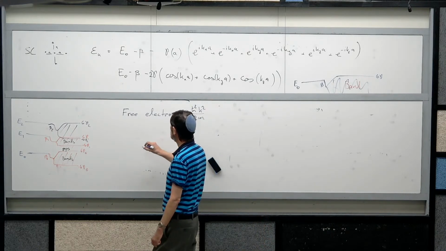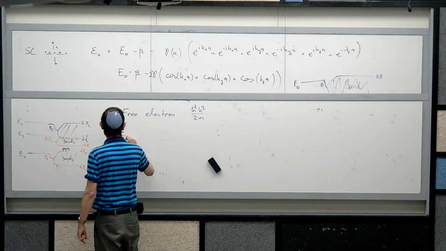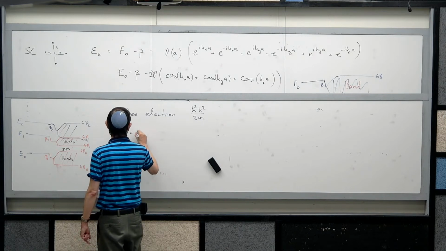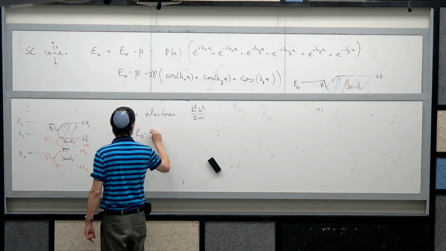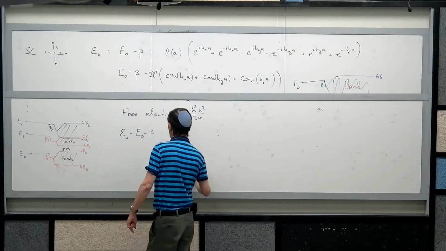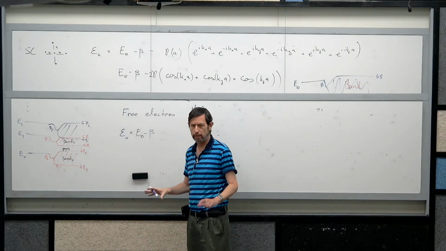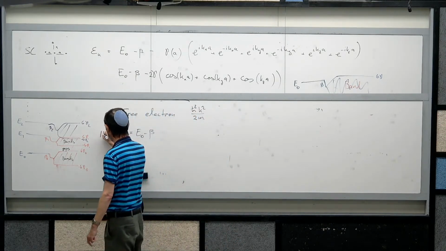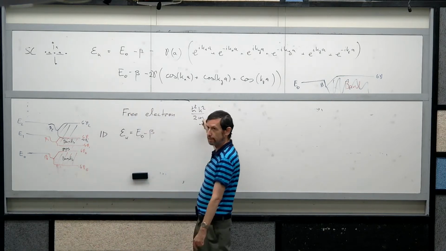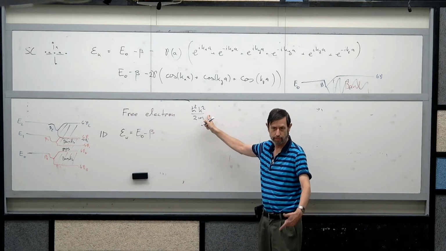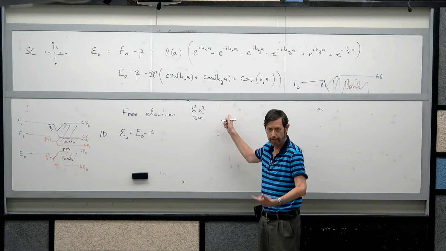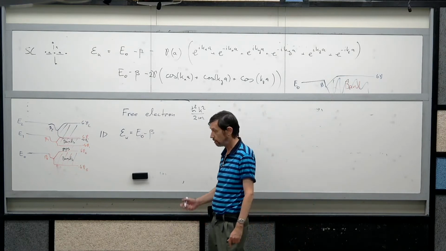Let's look at this term. 0 minus B, and for simplicity I'll write here the 1D case, as I've written here basically. I didn't write here kx squared, ky squared, kz squared.